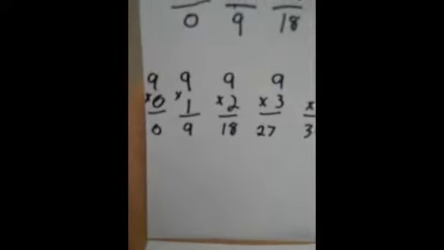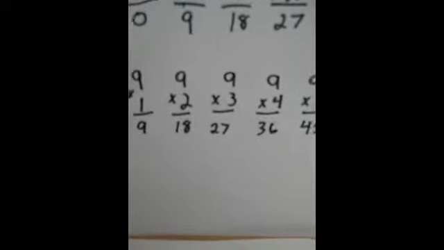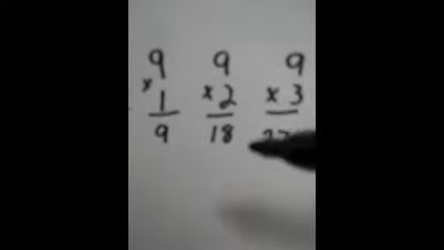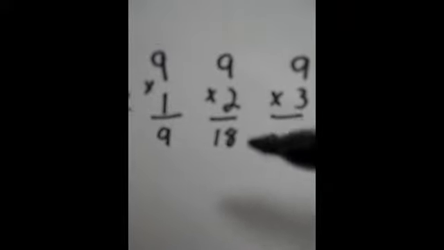The first pattern that you can notice is that the ones place in each of the answers gets smaller while the numbers in the tens place get bigger. And we can see that if we start at the beginning. 9 times 1 is 9, and 9 is in the ones place. Once we get to 9 times 2, it decreases to 8. It gets smaller.